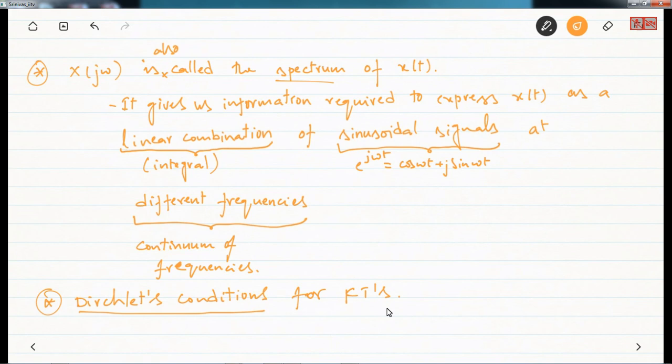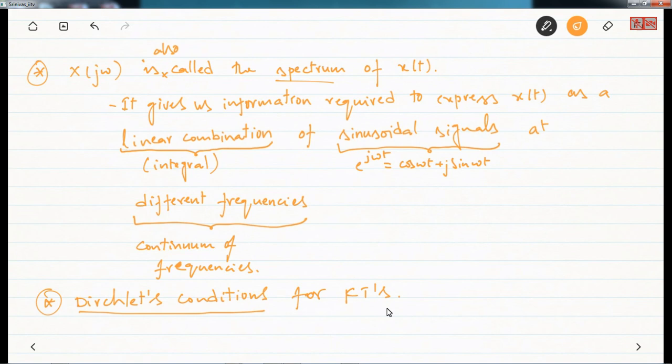And as I said, one of the main motivations for having Fourier transforms is that we want to represent periodic signals also as a linear combination of complex exponentials, or as a linear combination of orthonormal signals. That's why we derived this. Now, if you recall Fourier series, there are three Dirichlet's conditions. Given any periodic signal, can you find a Fourier series? If you are given x of t and x of t is periodic, can you give a guarantee that a Fourier series exists for that signal? No, you can give a guarantee only if x of t satisfies Dirichlet's conditions.